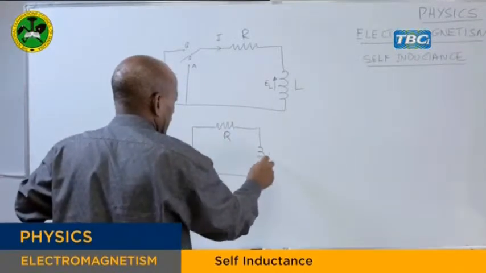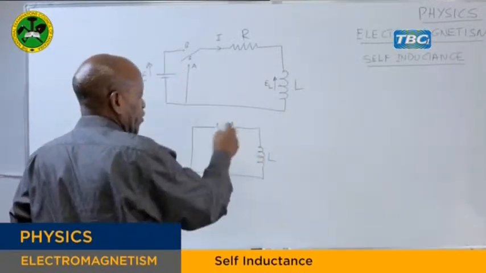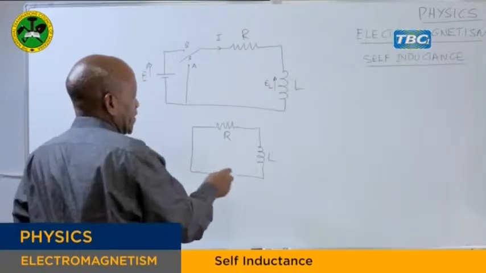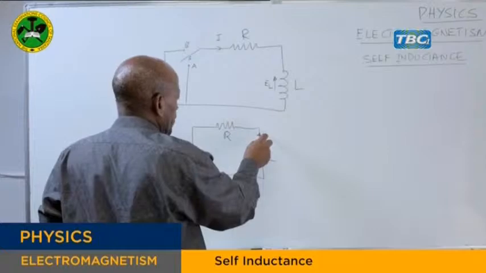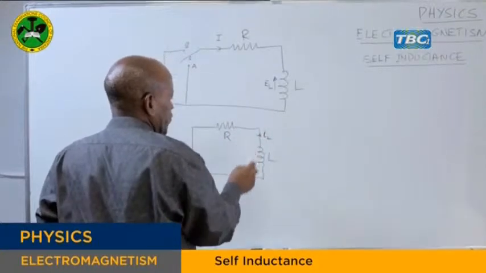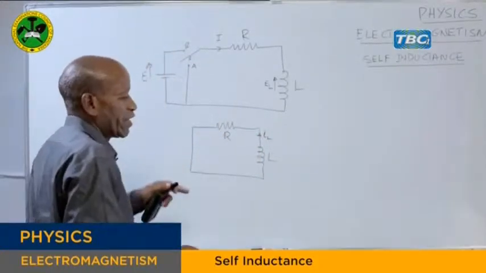The only current flowing in this case will be the current due to the self-induced EMF, flowing through the resistor.